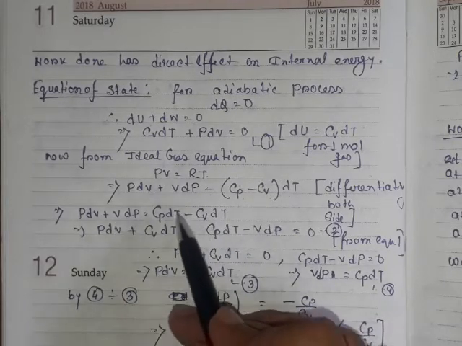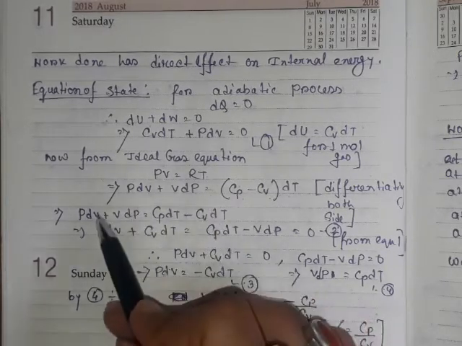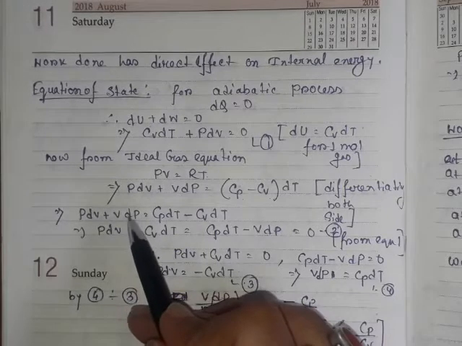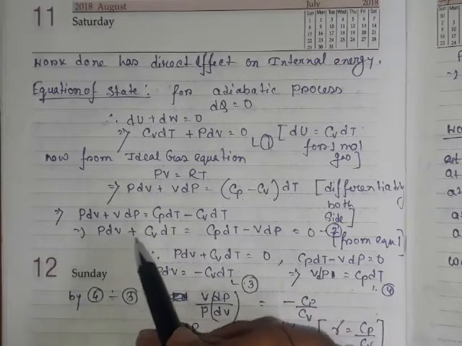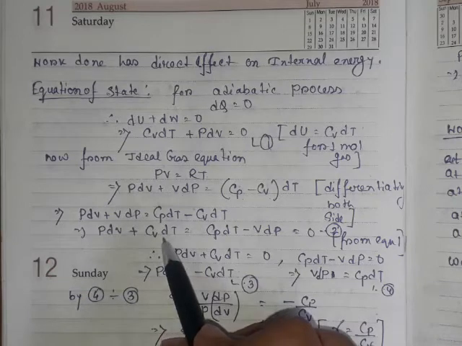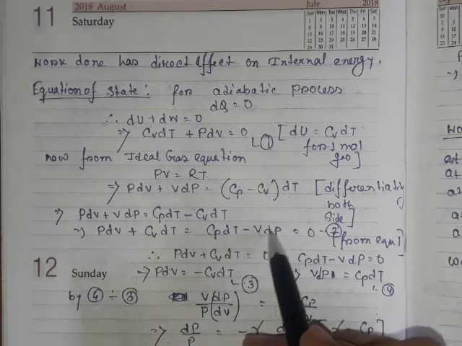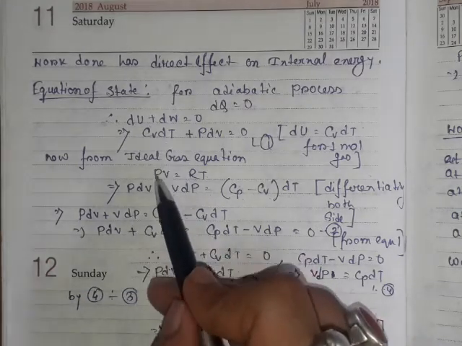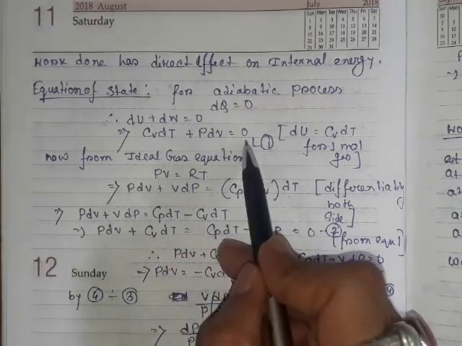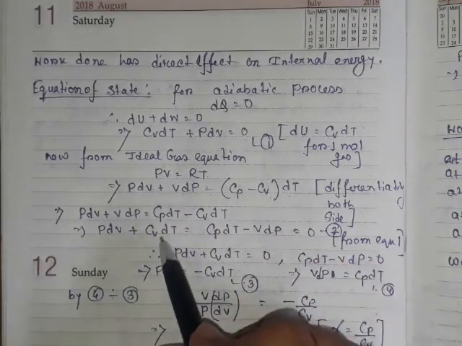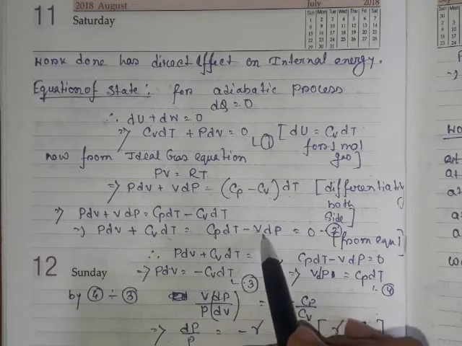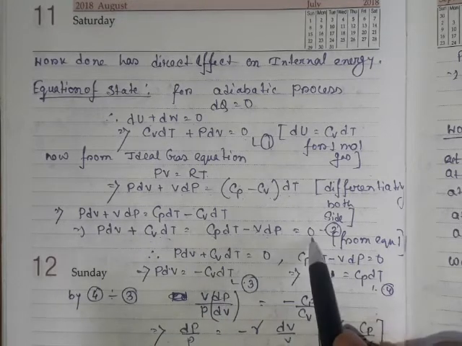So take this term to the left and that term to the right, and you will get PdV plus CV dT equals CP dT minus VdP. And as you know, PdV plus CV dT is 0, so this term is 0, and this term is equal to that term, which means this term will also equal 0.